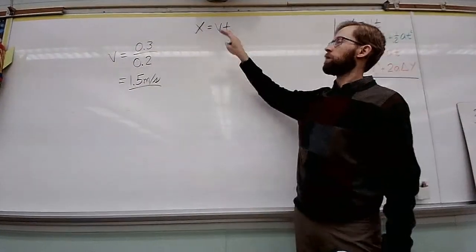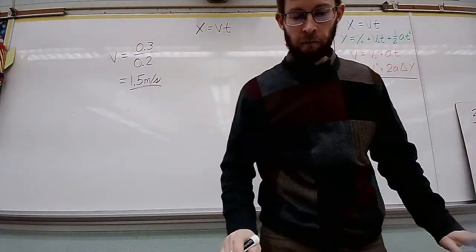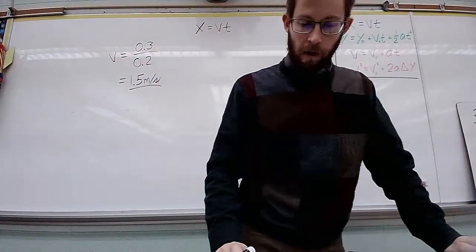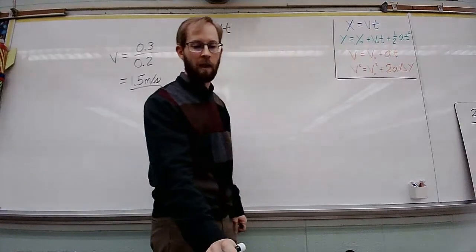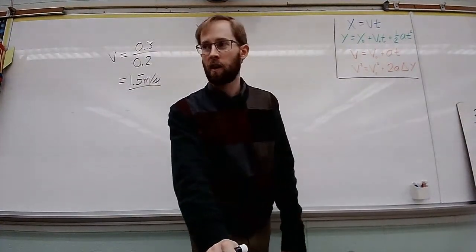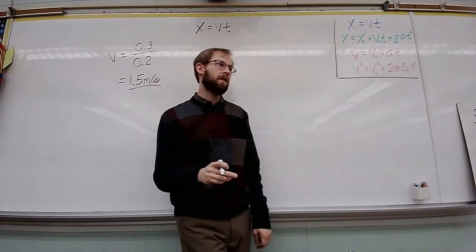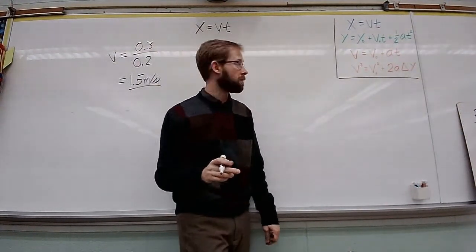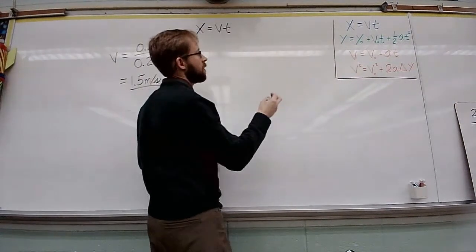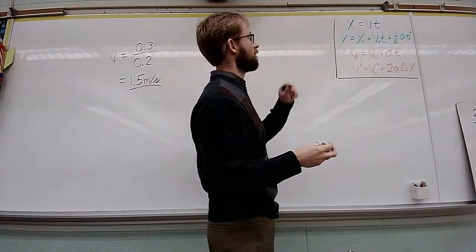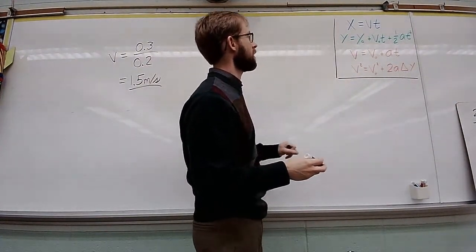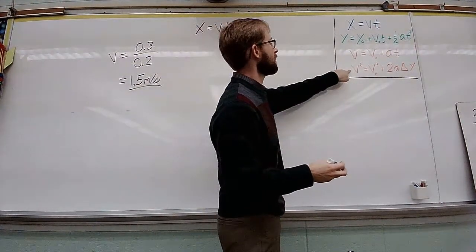Next thing we got to find is t, and we can figure out what that time is because it tells us that the ramp is 92 centimeters above the ground. And because this is rolling horizontally, we can treat this problem as a free fall problem, basically. So the equation that I'd want to use to figure out how long it takes for the object to hit the ground, would I use this one?